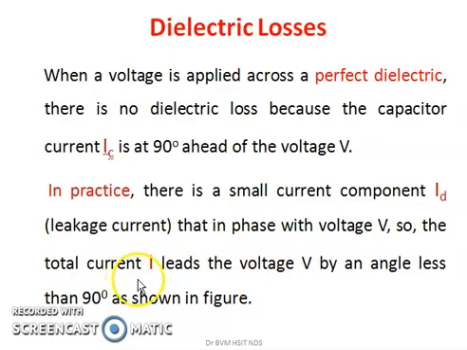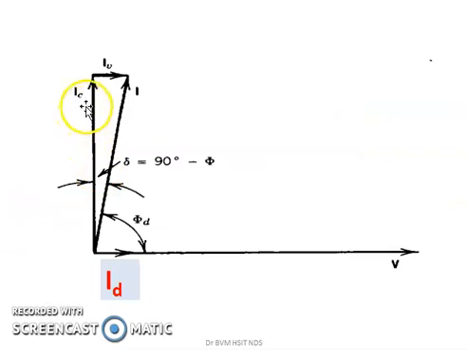So the total current I leads the voltage V not by 90 degrees but by an angle less than 90 degrees. Let me show you that. This is the capacitor current and this is the applied voltage. If it is a perfect dielectric, then IC leads the applied voltage by exactly 90 degrees. But in practice, a small leakage current ID flows through the insulation in phase with the applied voltage.